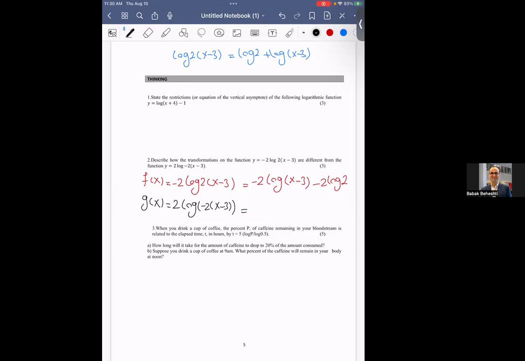So that is equal to, again, 2 times log of x minus 3 plus 2 times log of, here you cannot say log of negative 2 because it doesn't make sense. So you just have to keep it that way.